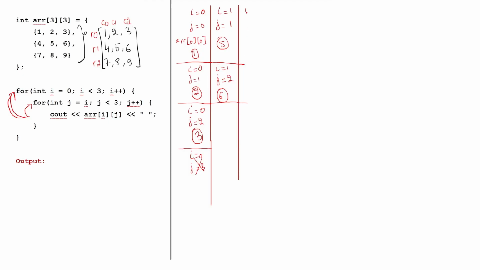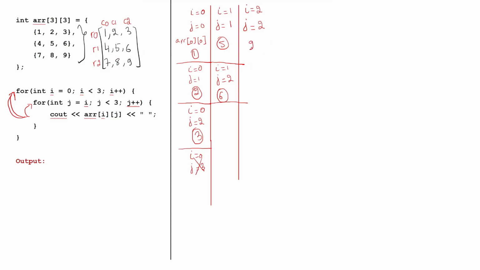So now i becomes 2 and j for the second for loop equal i. So j equal 2. So now we look, is j less than 3? Correct. Then we output the array of i j, in this case 2, 2. So if we look in this array here, 2, 2 is going to be this element here.